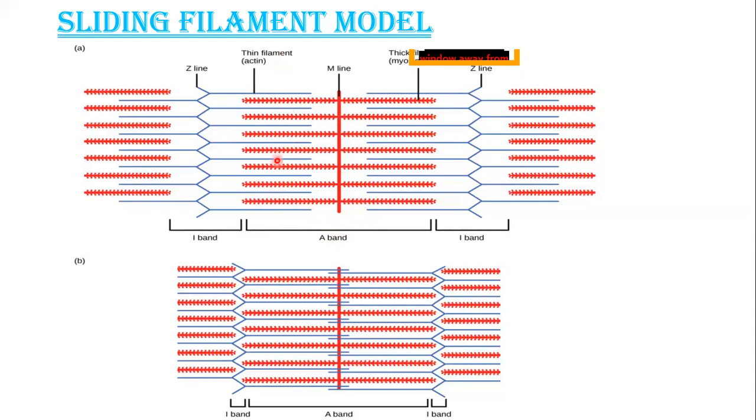Now, when muscles are in a relaxed position, these actin filaments are present only at the ends of what? A band.